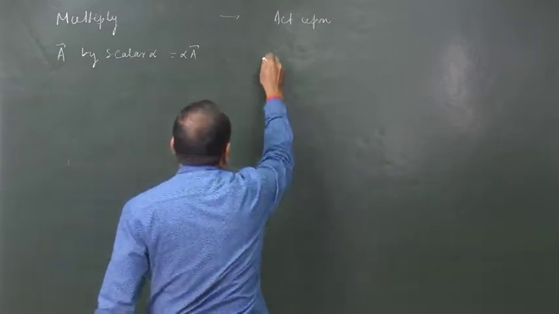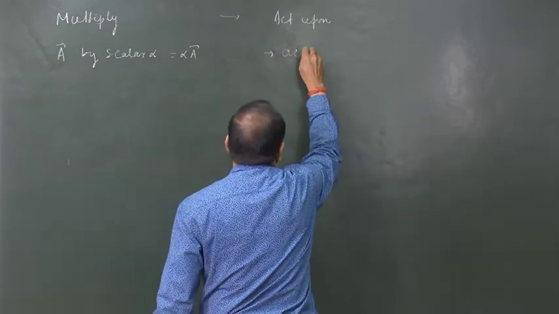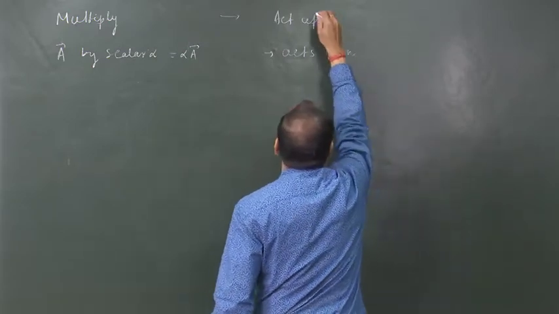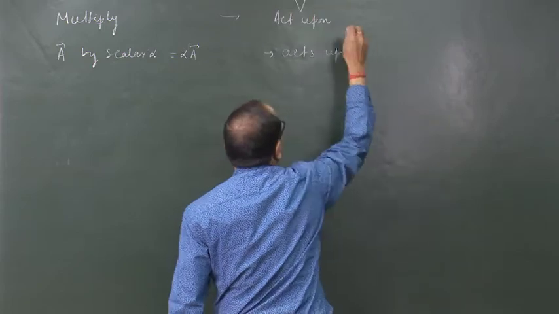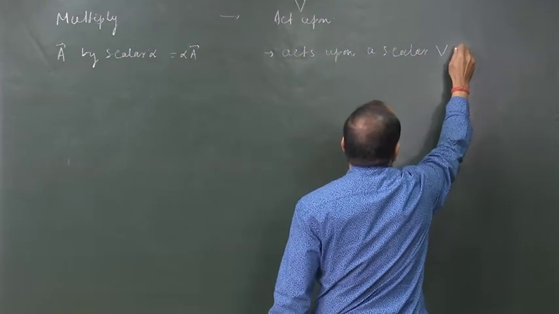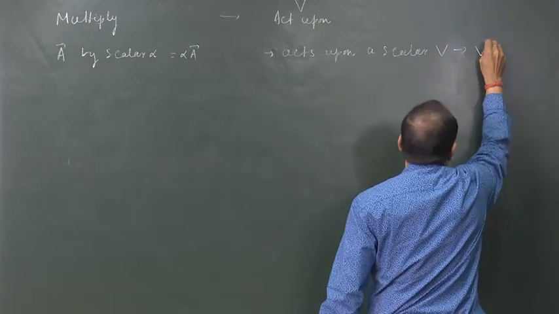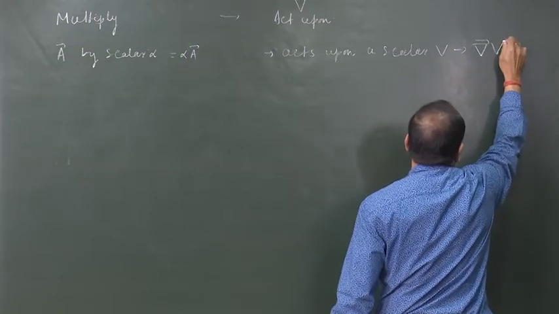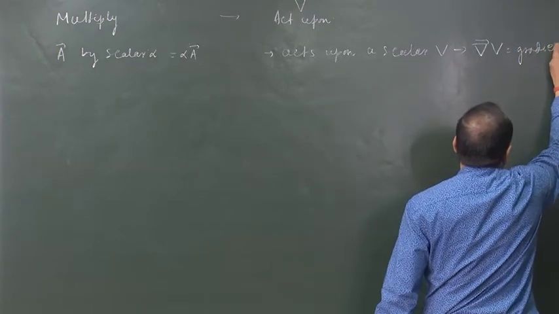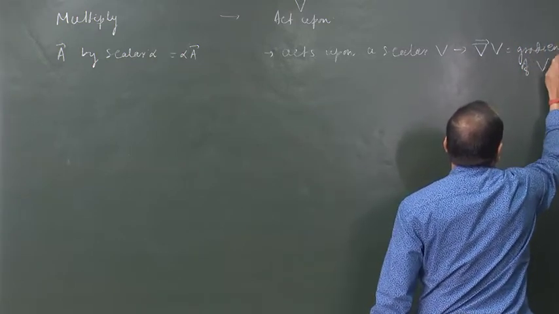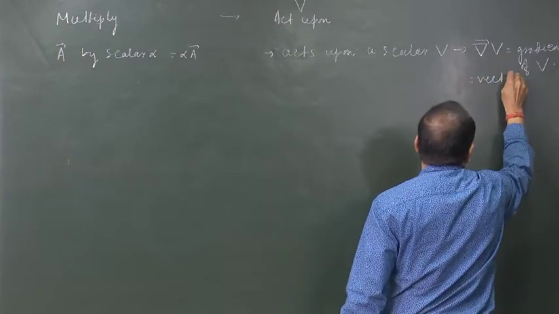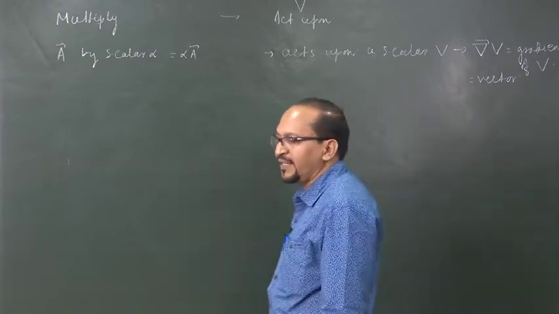Here del acts upon a scalar V and gives rise to grad V. This is called gradient of V, which is a vector. V is a scalar, grad V is a vector.